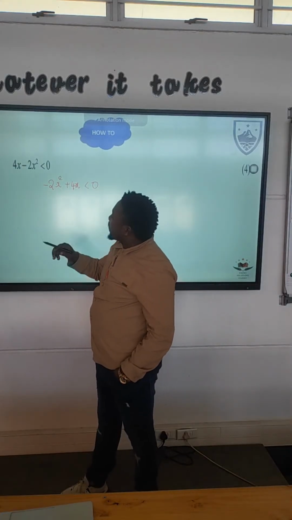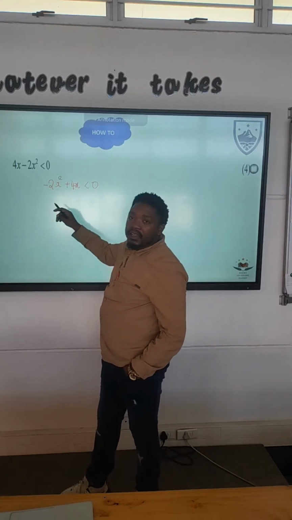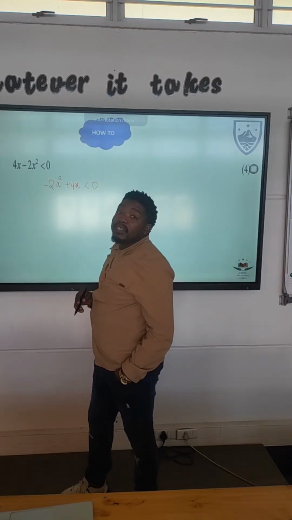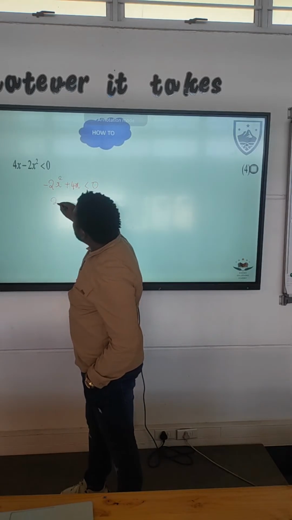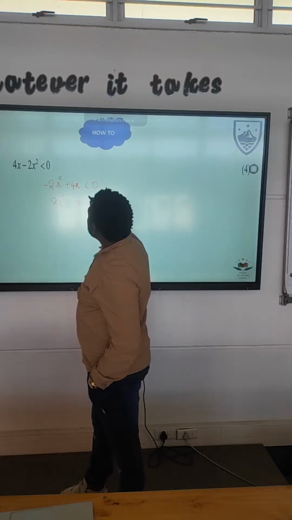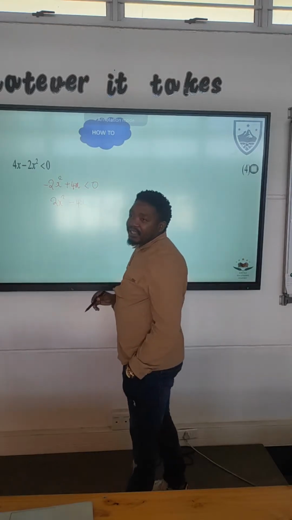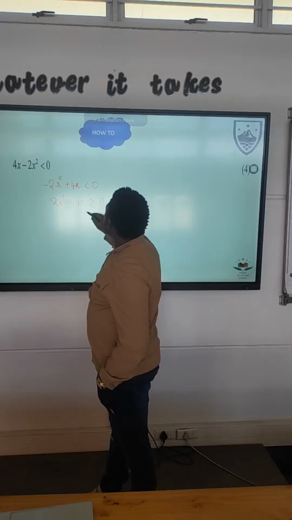So I'm going to change these negative people to become positive, by motivating them. I'm going to motivate them with somebody who is negative 2. So I'm going to multiply by a negative number here. So it's going to be 2x squared minus 4x. Then this will change because I'm multiplying by a negative value, so this will change the direction.